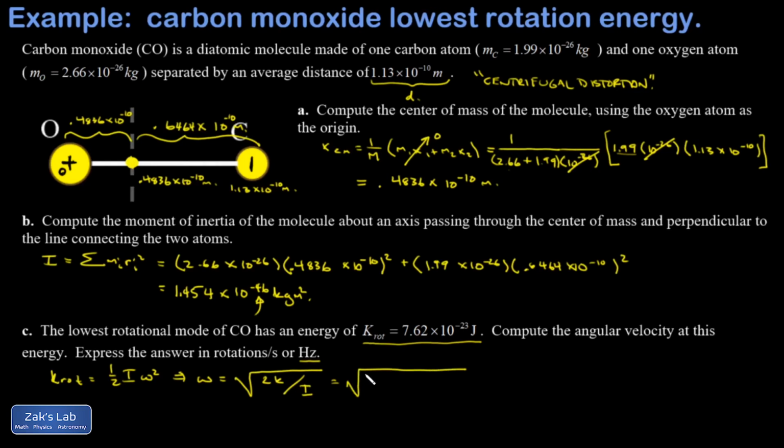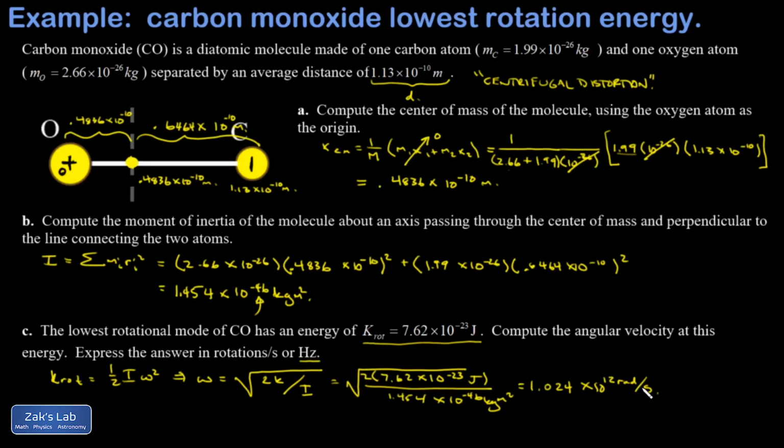Plugging in my numbers, that's 2 times 7.62 times 10 to the negative 23rd joules over this moment of inertia that I already computed. And when I smash those numbers into my calculator, I get 1.024 times 10 to the 12th radians per second. We're talking about some pretty fast spinning here.